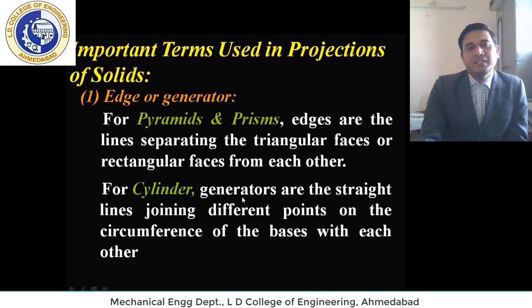In a cylinder, the generators are straight lines joining different points on the circumference of the bases with each other.